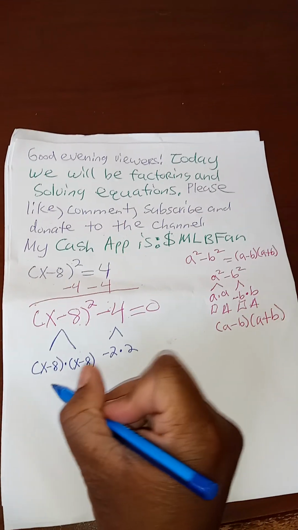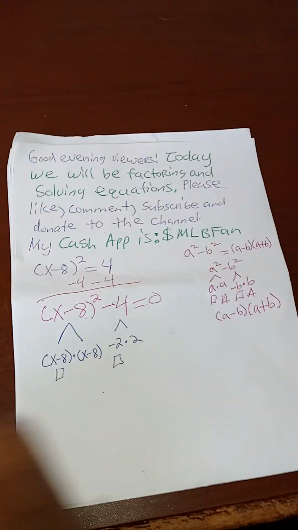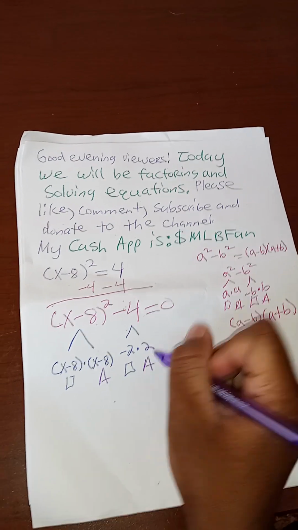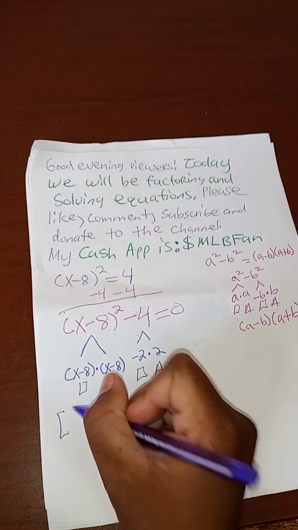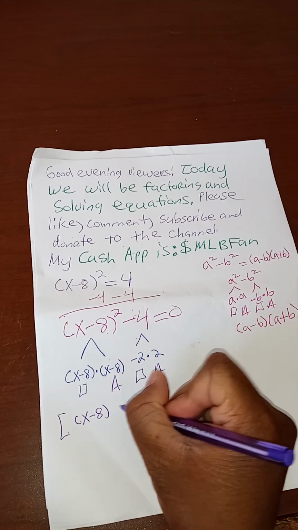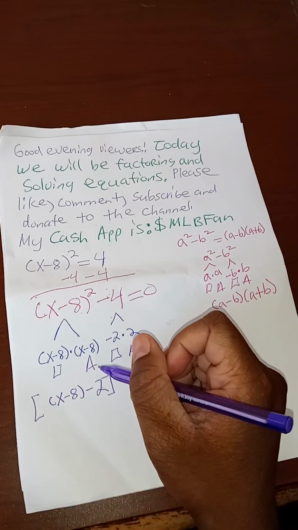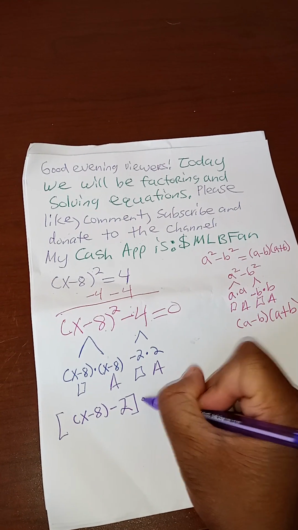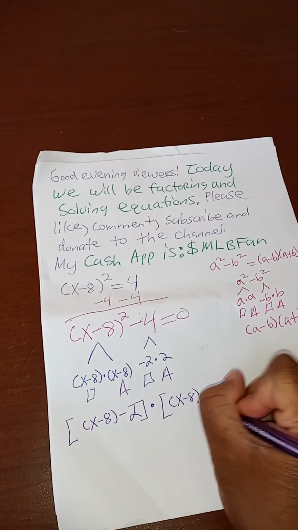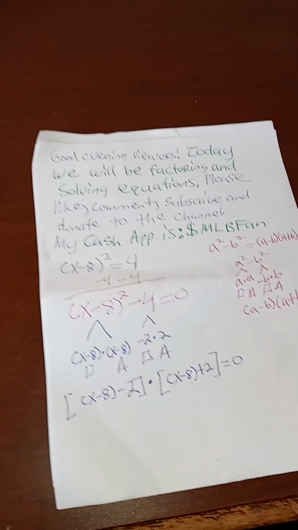And now let's pair this up. So it will be (x - 8 - 2) multiplied by (x - 8 + 2), and then we set this equation equal to 0.